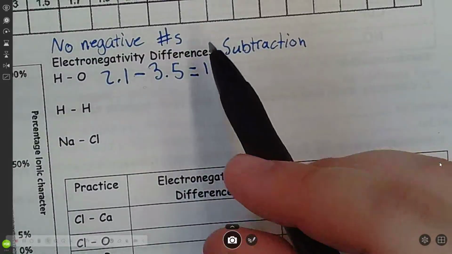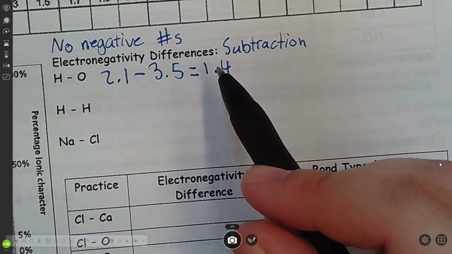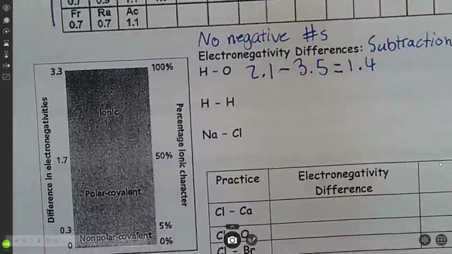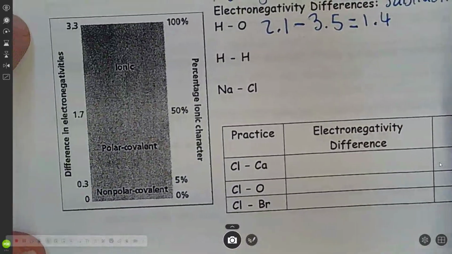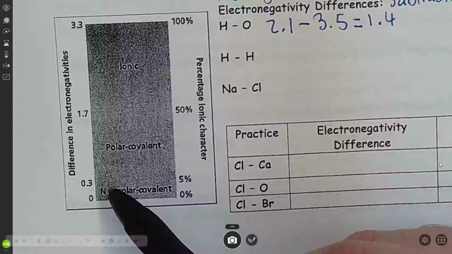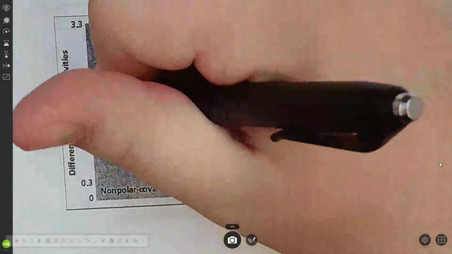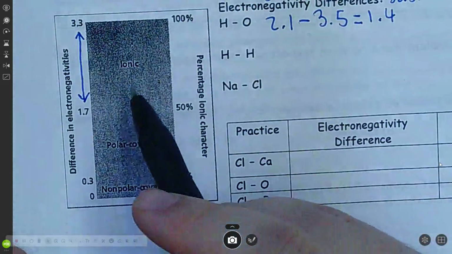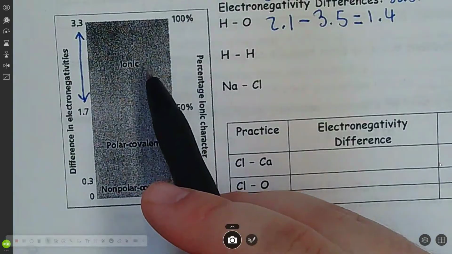So we found this 1.4. Now what does that mean? On your page, there is this chart in the bottom left, and it gives us the ranges for each type of bond. So anything from this 1.7 to 3.3 is going to be an ionic bond.